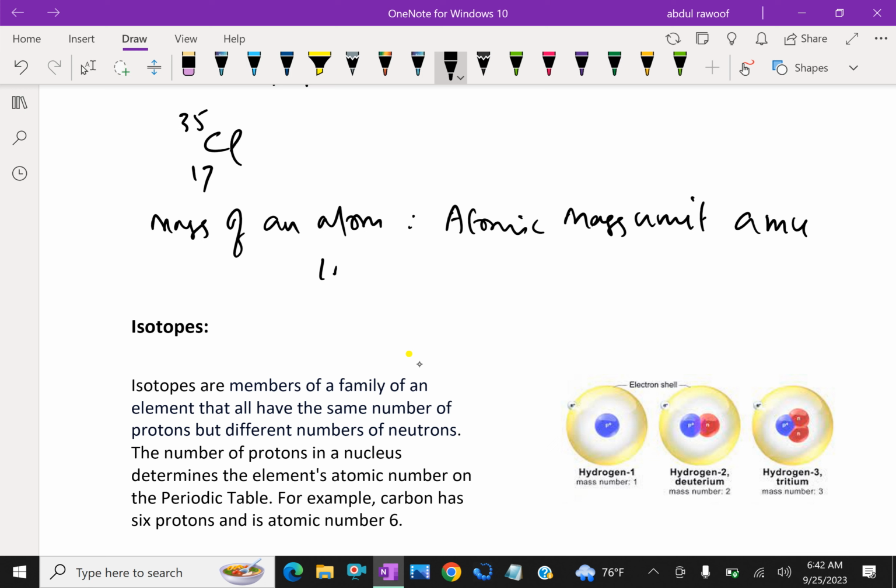That is, 1 AMU is approximately equal to 1.6603 into 10 to the power minus 24 gram.